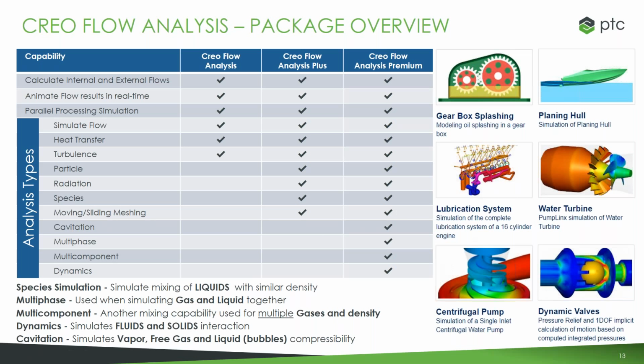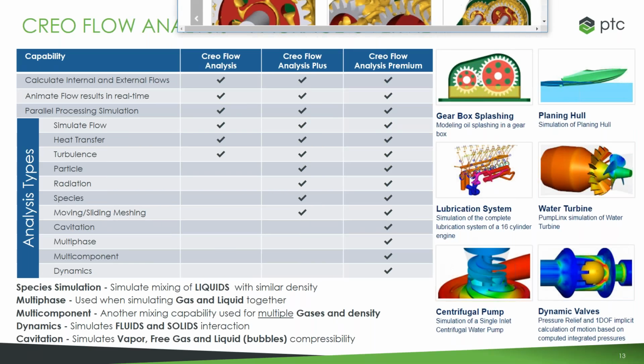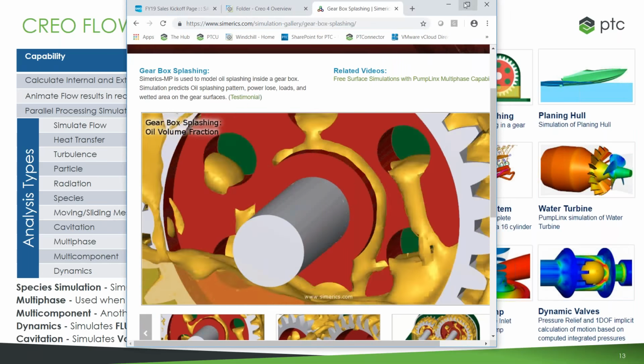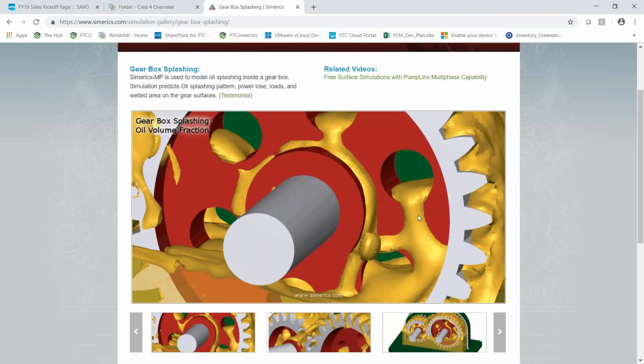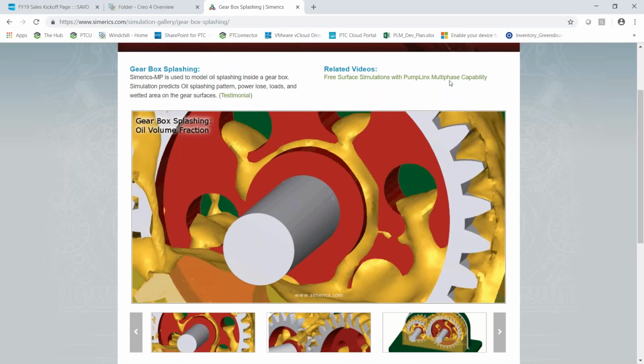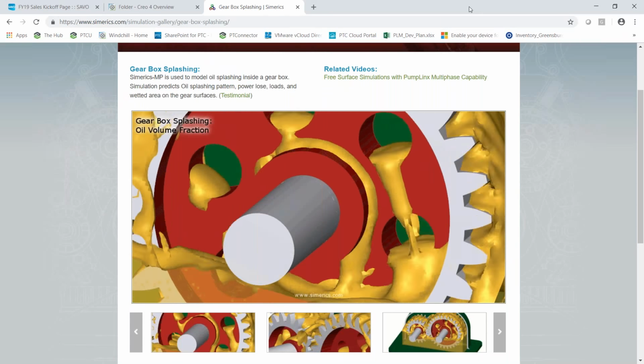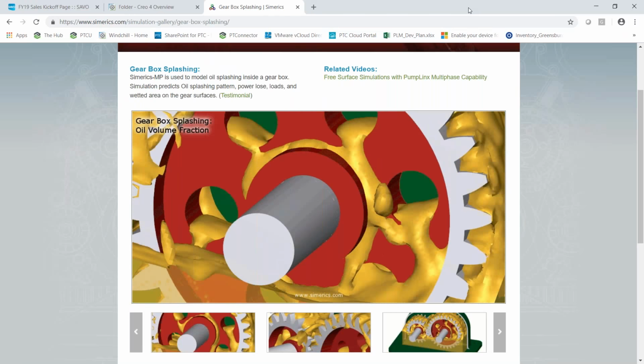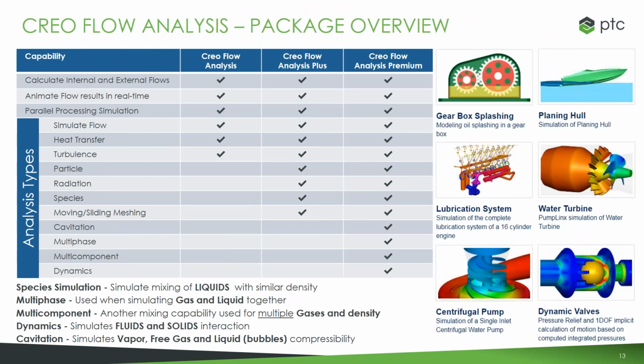You can go to the Cimerix website and their gallery and see things that you can simulate. For example, here on their website, a gear turning with oil flow and fluid inside. So if you are interested in taking a deeper look, you can check out their information as well. But I think that covers everything from my end.